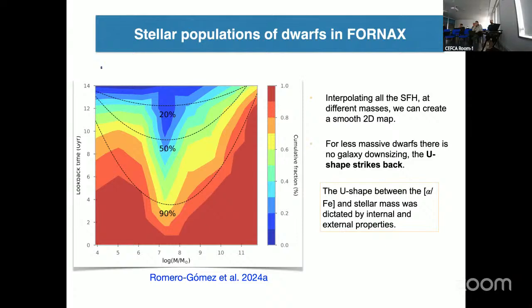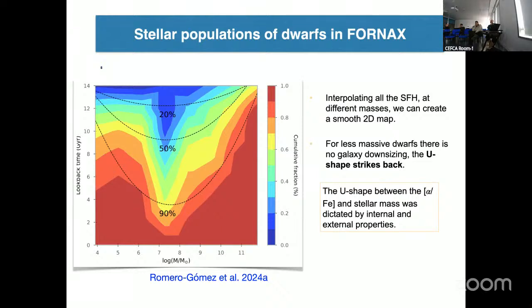So this is the T90 of the galaxies. This is the T50 of the galaxies and the T20 of the galaxies. So the time when 20% of the stellar population is born, 50% and 80%. You can see that there is a U shape, similar to the alpha enhancement.